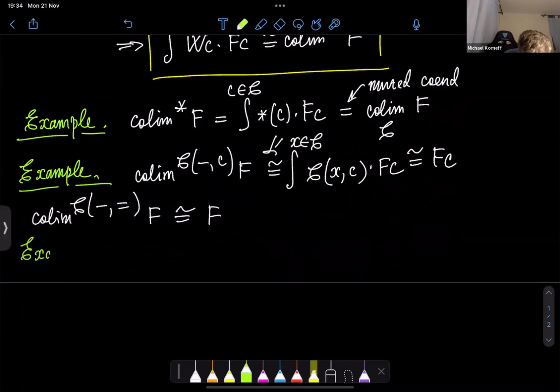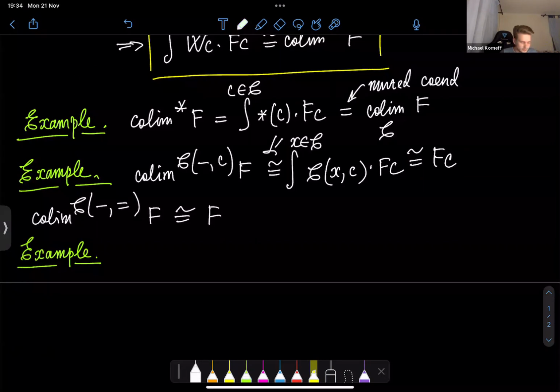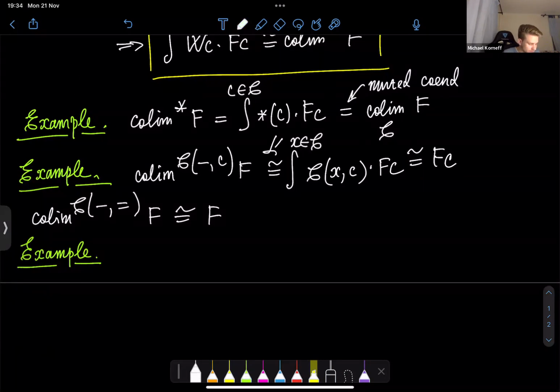Also we can describe the left Kan extension or right Kan extension by means of the weighted colimits and limits.